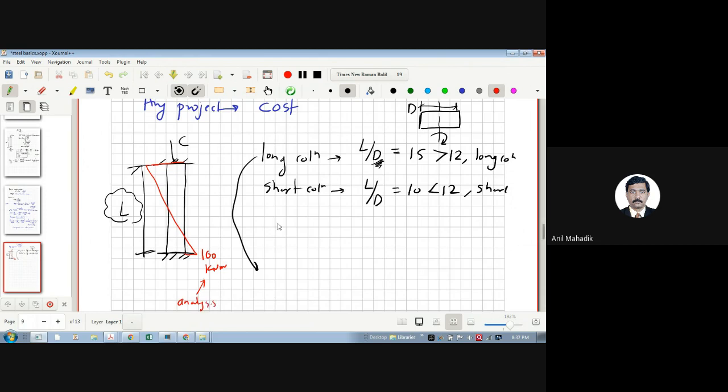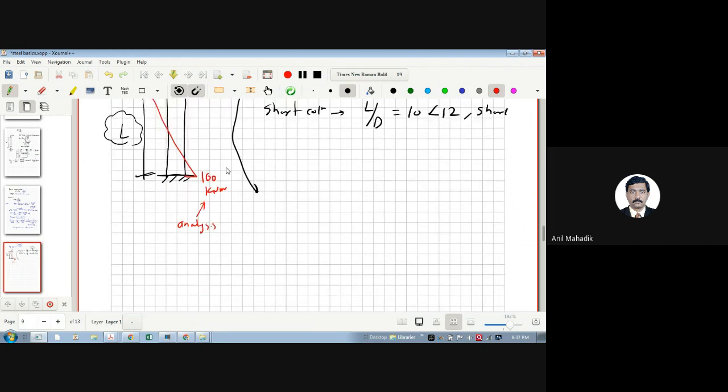And in long column design, let's say L by D ratio is more than 12. It is a long column. So we need to add additional moments due to slenderness. So whenever we design any column section, the design moment, M design, is the moment from the analysis plus moment due to slenderness.